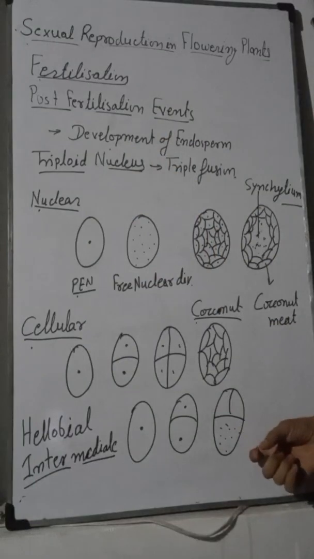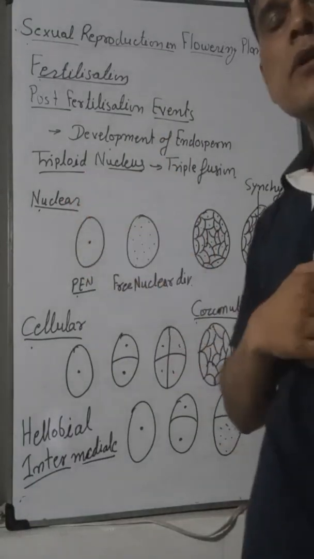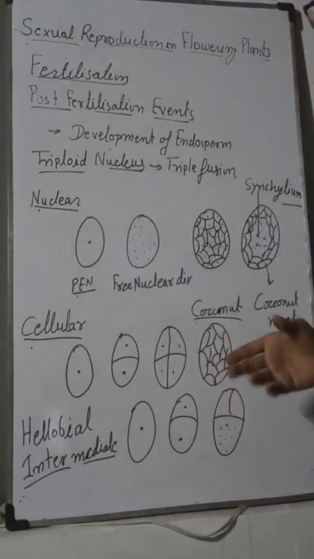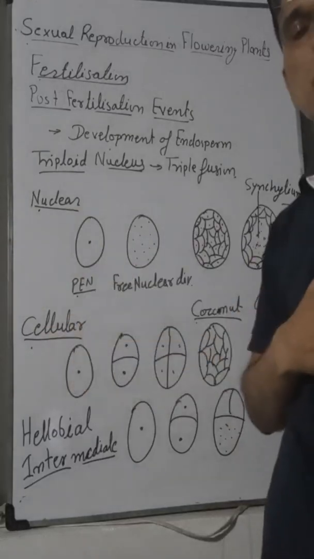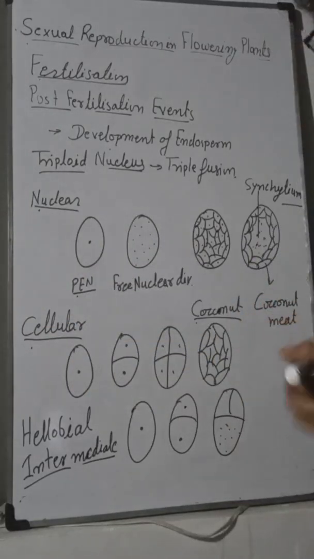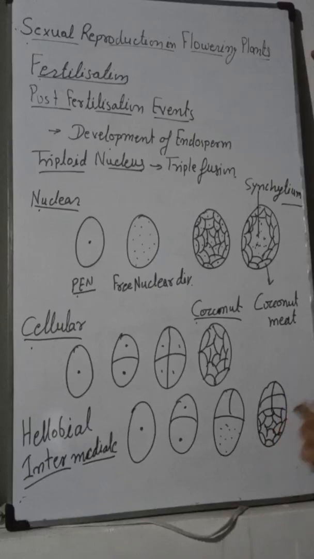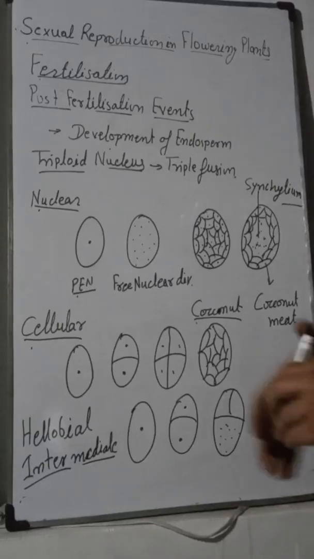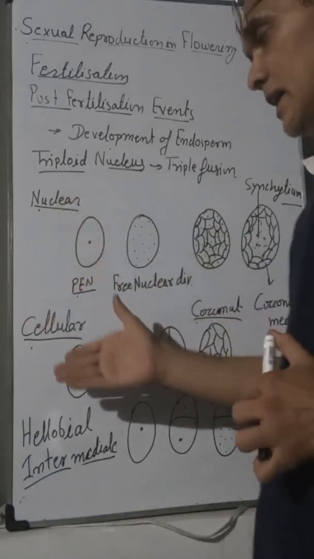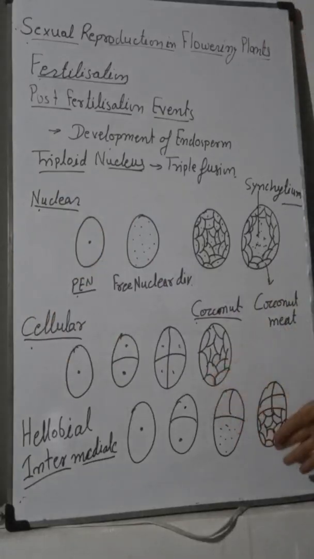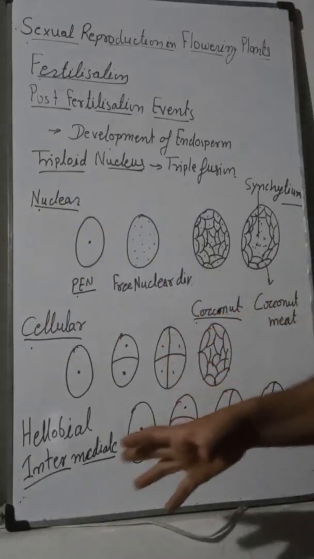Means in one cell it develops as nuclear endosperm, and the other cell develops as cellular endosperm. After the formation of many nuclei it becomes cellular. So it is intermediate, meaning both types of division are there, nuclear as well as cellular. That's why it is known as intermediate or helobial.